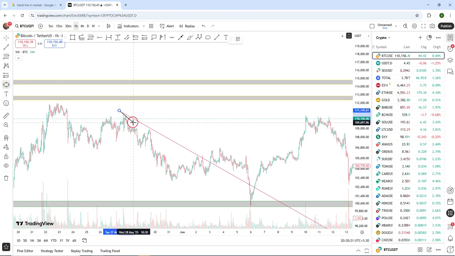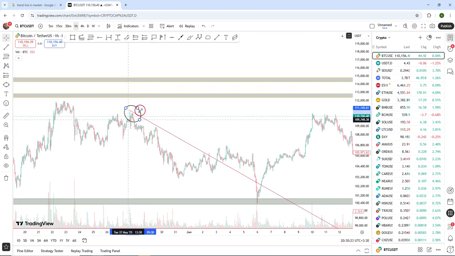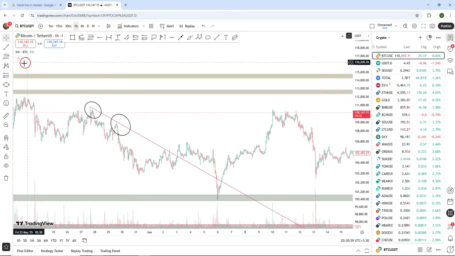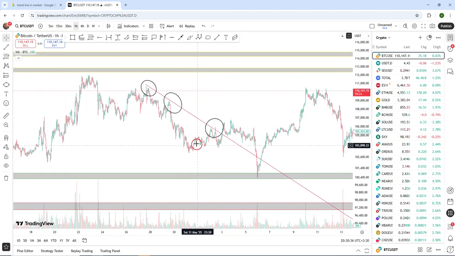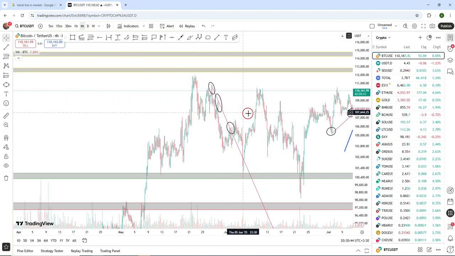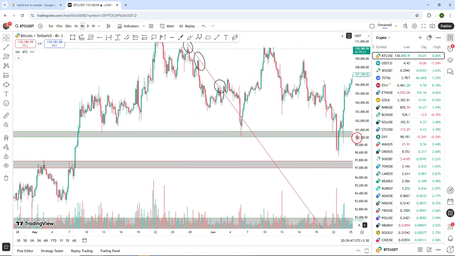I mean this area, this area, this area. It is very important to understand the trend and the trend line of the market. You can check it in every time frame. It doesn't make any difference.